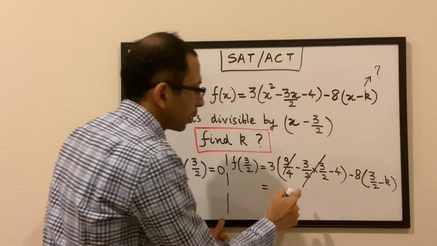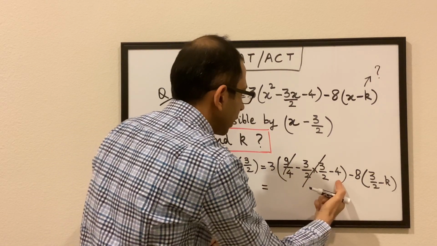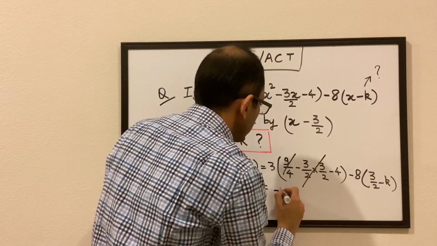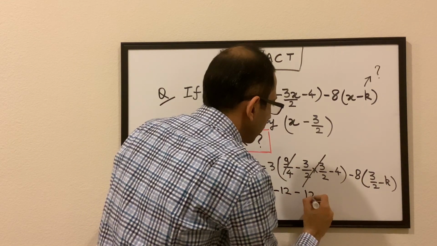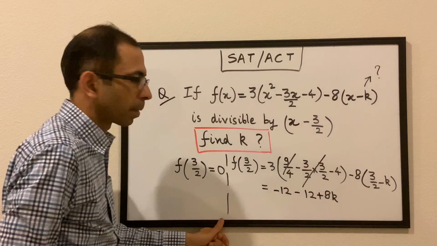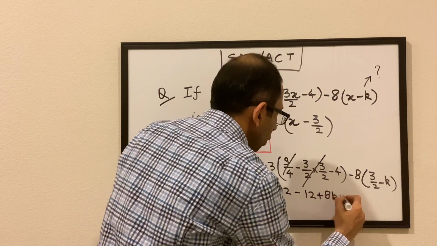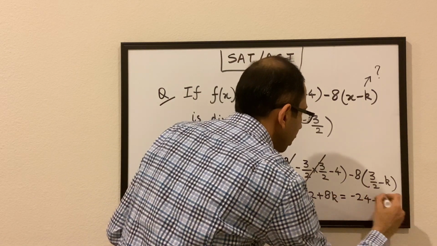This and this cancel because this is like negative 9 over 4. So we're left with only minus 4 here. 3 times minus 4 is minus 12. This also gives us minus 12 plus 8k, correct? Which is equal to minus 24 plus 8k.